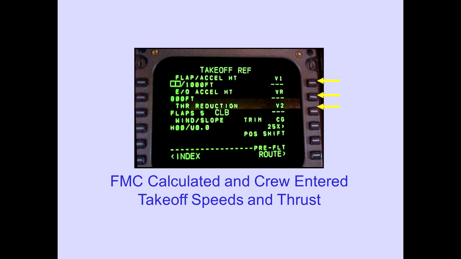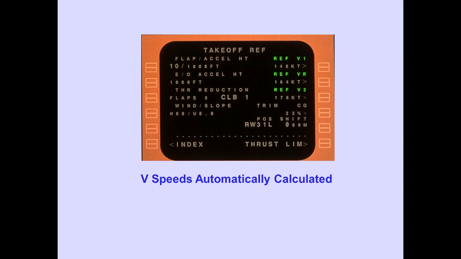The takeoff page displays FMC calculated and crew entered takeoff speeds and thrust. The V speeds for takeoff are automatically calculated and displayed on the takeoff page with flap setting entered and entries complete on the PerfInit page.